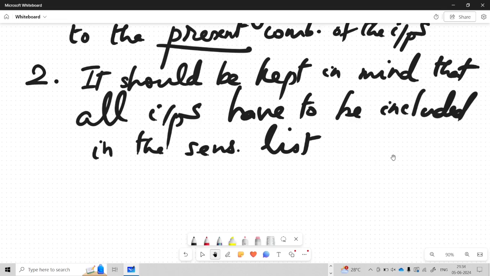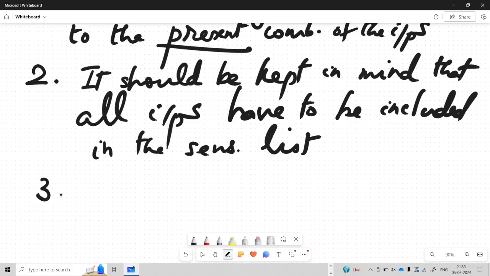Therefore, even though the synthesizer ignores the sensitivity list, in order to ensure that the behavioral model and the post synthesis netlist simulate identically in terms of functionality, we have to ensure that this particular stipulation is adhered to.